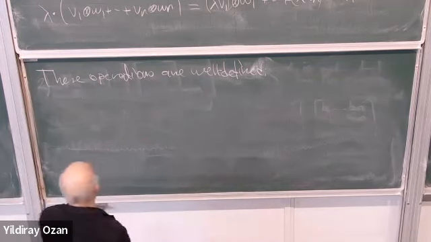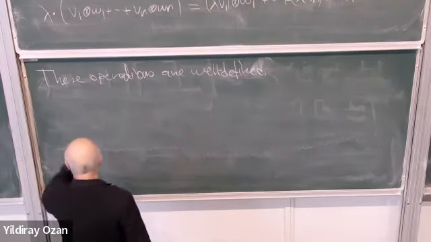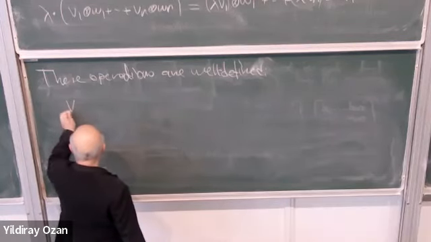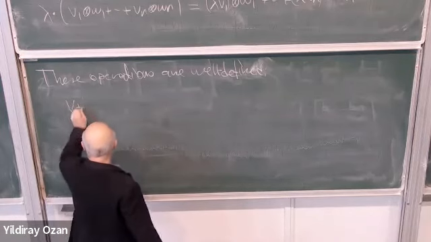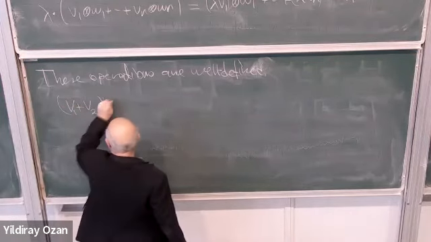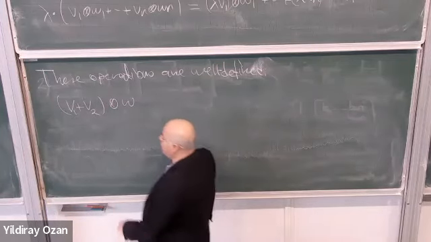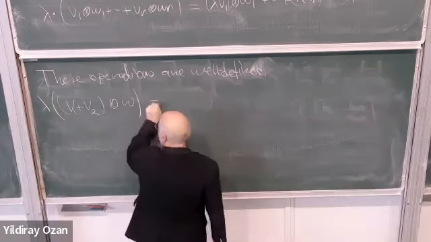What do we mean by that? We mean the following. Suppose we have something like this: V1 plus V2 cancel W, and I want to multiply this by some number.